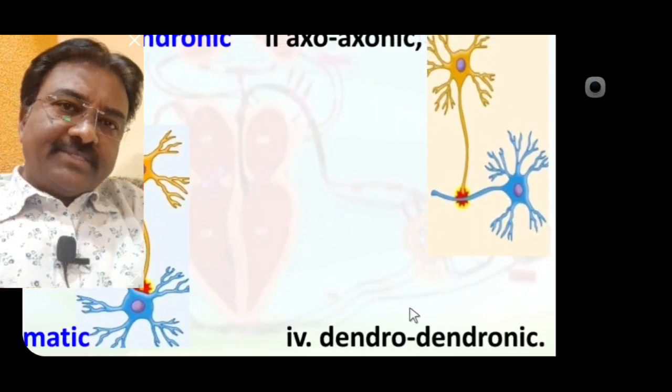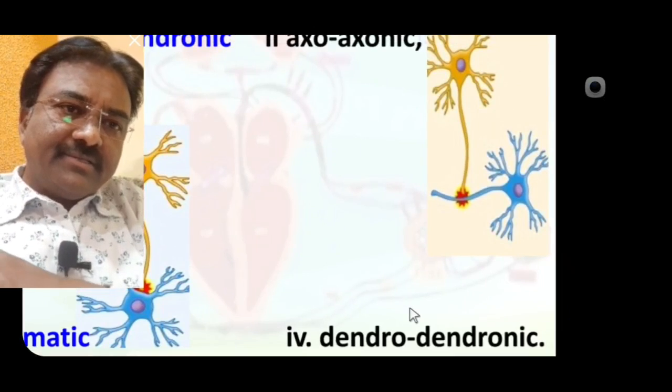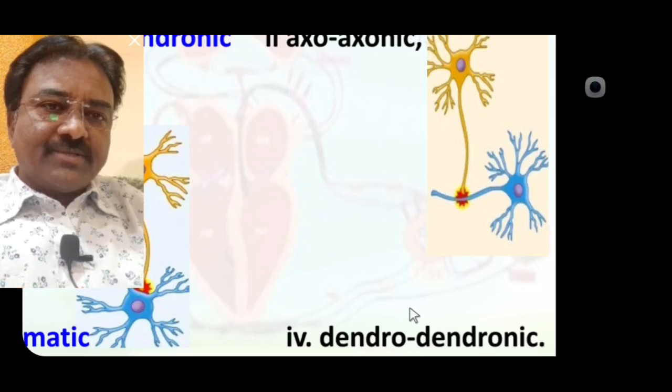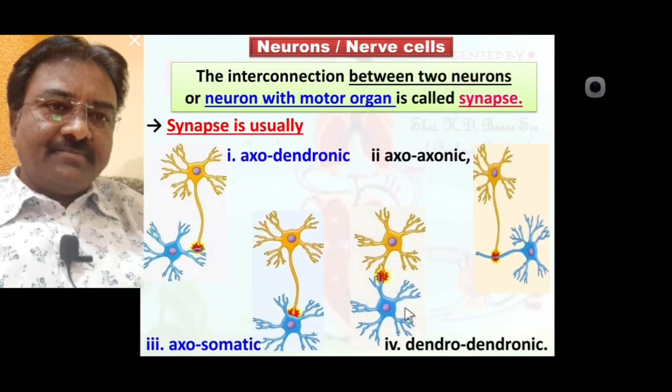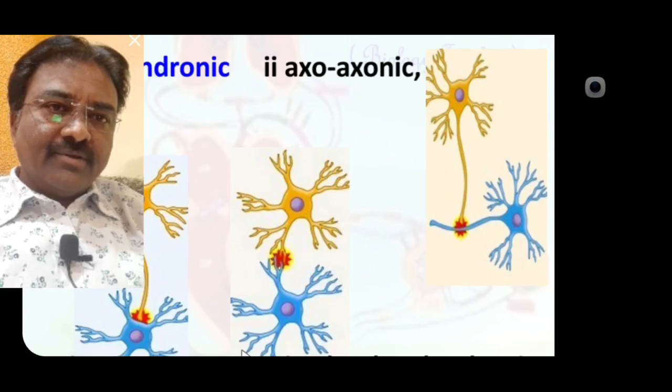dendrodendronic synapse, means one neuron dendron connected to other neuron dendron. Such synapse is called as dendrodendronic synapse. Showing with the help of a diagram what is actual dendrodendronic synapse. Dendron of one neuron connected to other neuron dendrons.